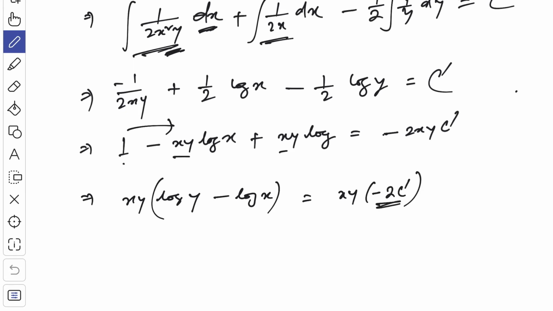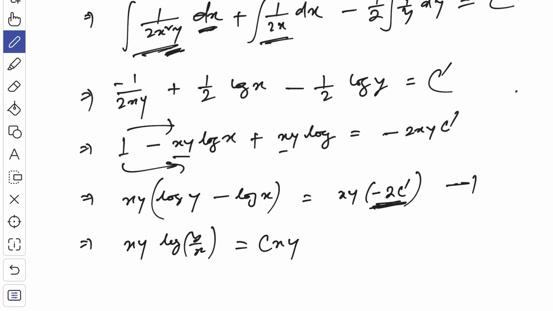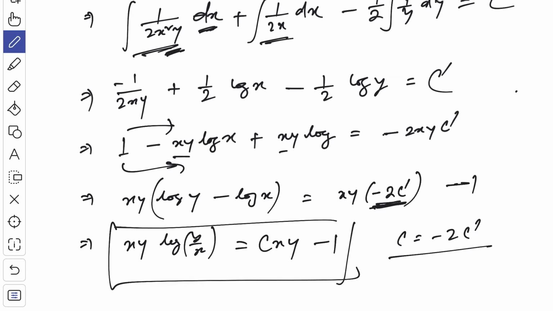This part is constant, and 1 is on the other side, it's going to be minus 1. So xy, and here use the property of log, then you will get log y by x. That's what you will get, xy, and consider this minus 2c dash as capital C, then minus 1, where C is equal to minus 2c dash. That is nothing but constant. So this is our answer. That's how we can solve.